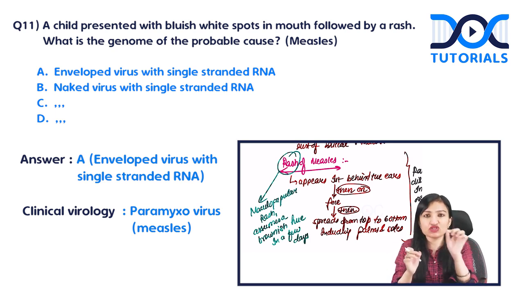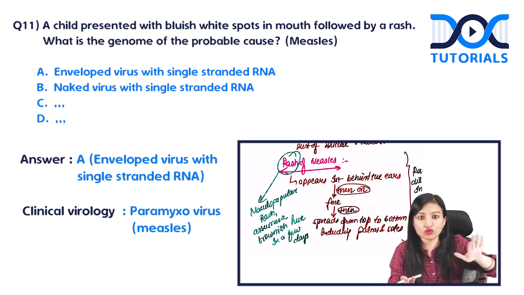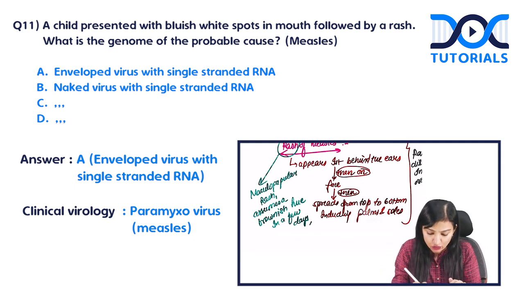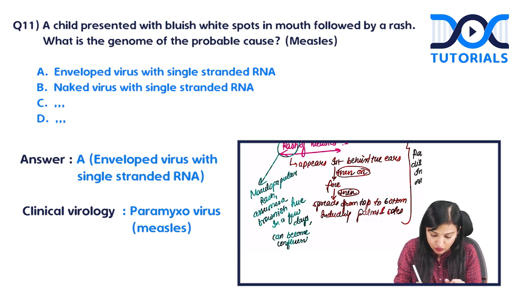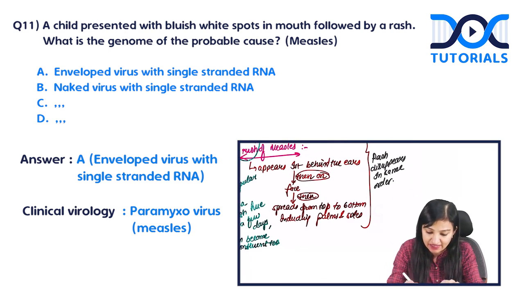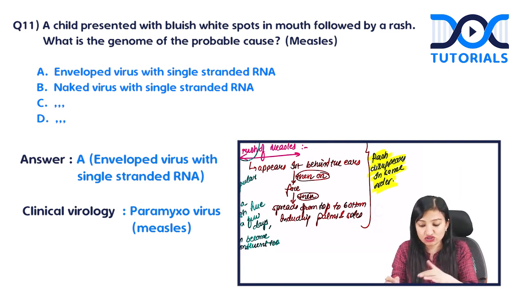Confluent means the individual rash patches may become fused with each other, as if some reddish paint has been poured on the body. So that is called a confluent rash. The rash disappears in the same order as in which it appears.